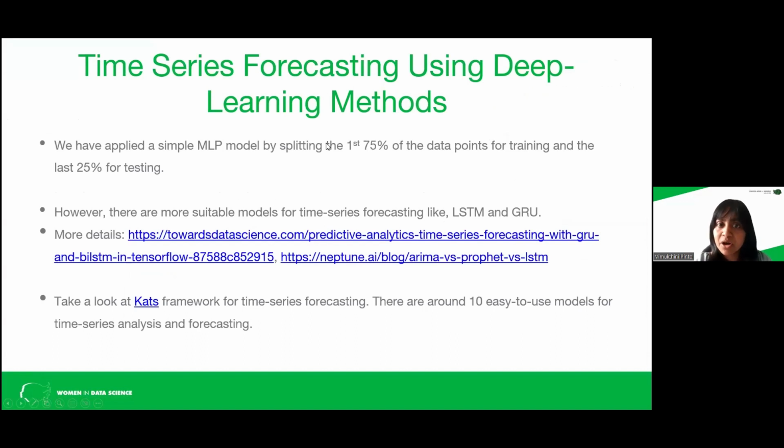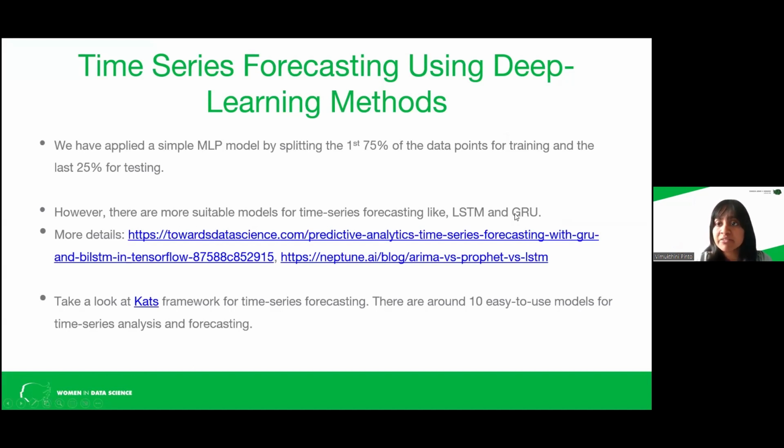I told you how to split the data: the first 75 percent for training and the last 25 percent for testing. The method I'm going to use now is a very simple MLP model that we saw earlier, but there are some more suitable models like LSTM and GRU.